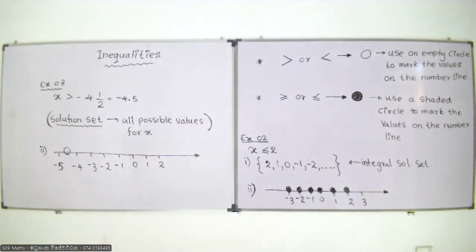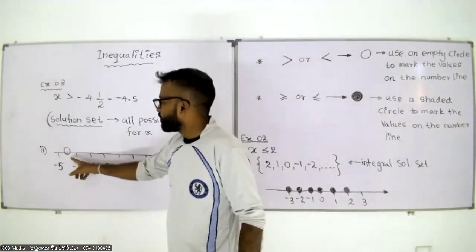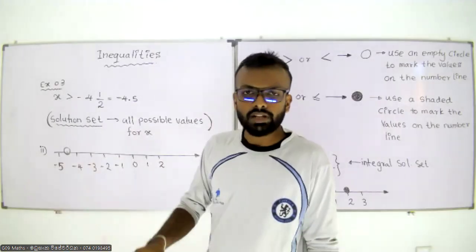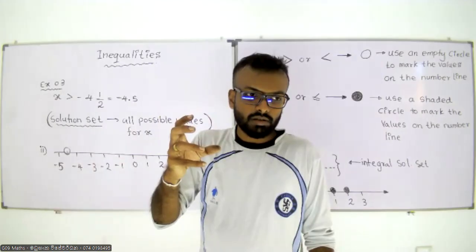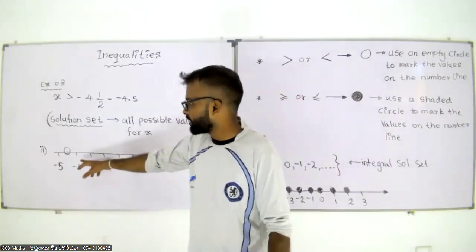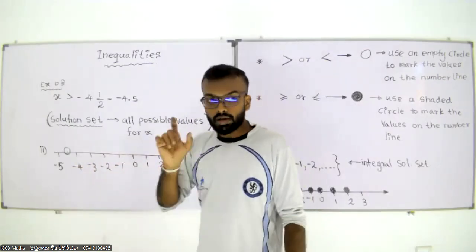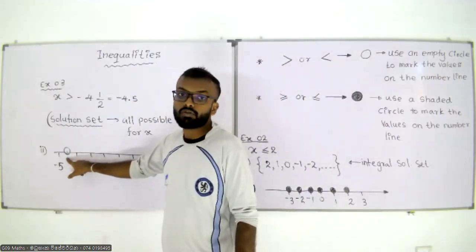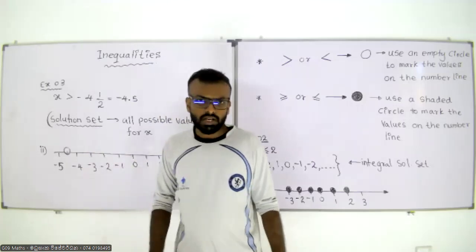Can we take negative 4.2 as the answer? Can we take negative 3.5 as the answer? Right? Because we are not caring about the integers only. We can take negative 4, negative 3, negative 2, negative 1, 0, 1, 2. And I'm asking about the decimal values. If this is negative 4.5, can you take negative 3.5 as the answer?